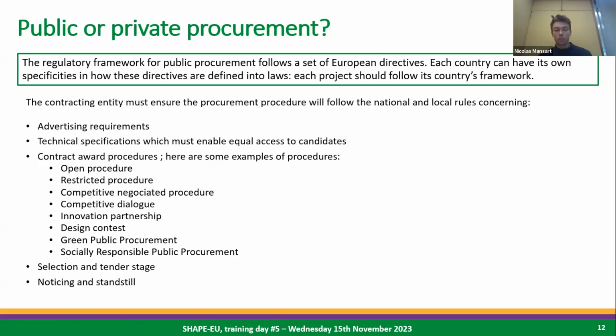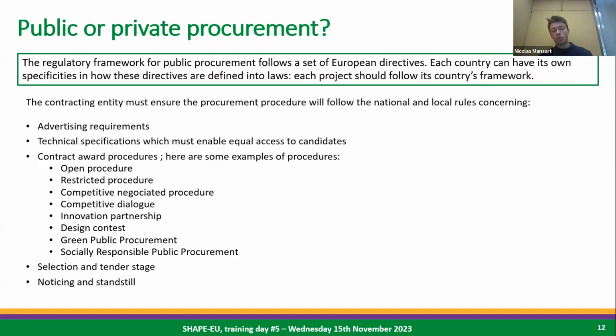For example, innovation partnerships and design contests are procedures that can help the contracting authority to obtain an idea for a concept, or also to purchase a good or a service that is not available yet on the market.